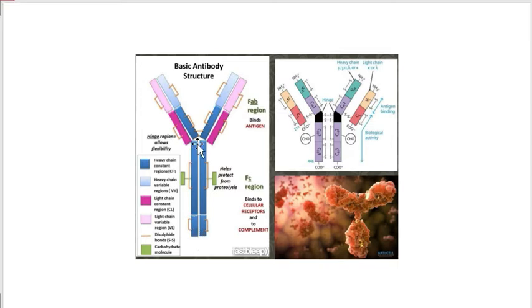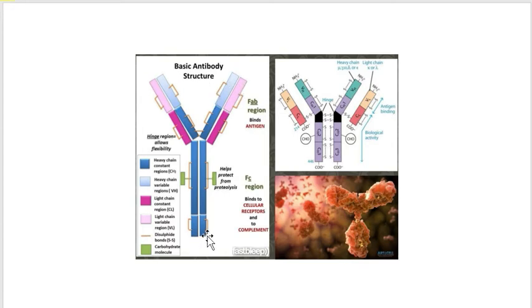And the constant region interacts with the different cells of the immune system after it binds with the antigen. When it interacts with macrophages, it results in the engulfment of whatever molecule it is bound to, and the process is opsonization. Or the constant region can attach to complement components, and then it is responsible for fixation of the membrane attack complex, which leads to killing of the pathogen to which this FAB is bound.